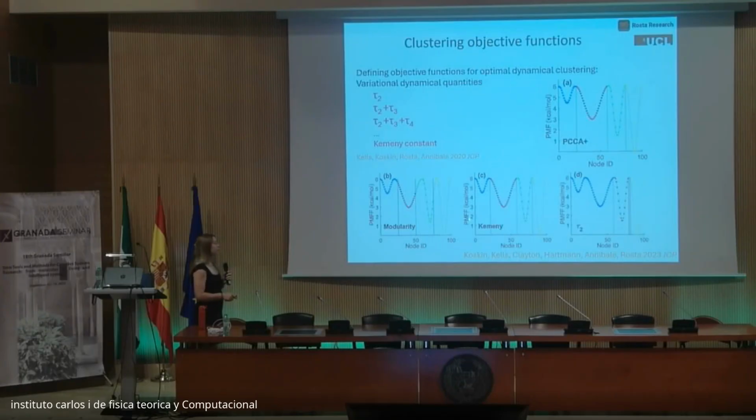If we use the Kemeny constant, we arrive at the same result as PCCA. So it identifies all these key metastable states, even this tiny one. Now, if we optimize for the second relaxation time and look for four states, interestingly, that tells us there are really only three important metastable states in this system.